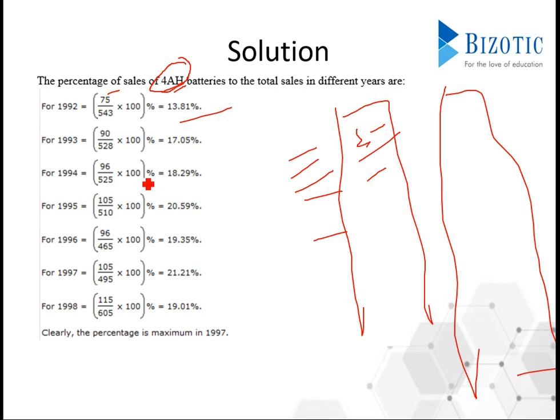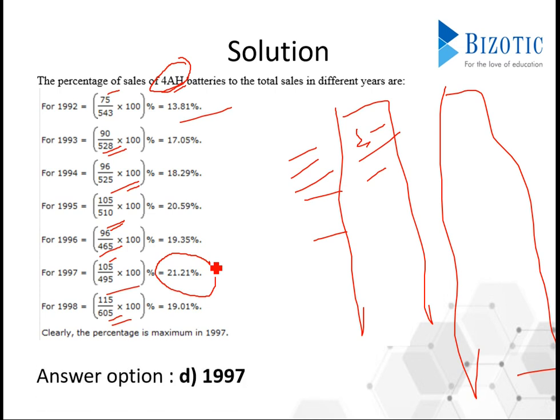Repeat the procedure, and the total values you will find in the final column of the table. Once you find them, the maximum percentage will be 21.21 percent, which happens in the year 1997. That gives you the right answer, option D, 1997.